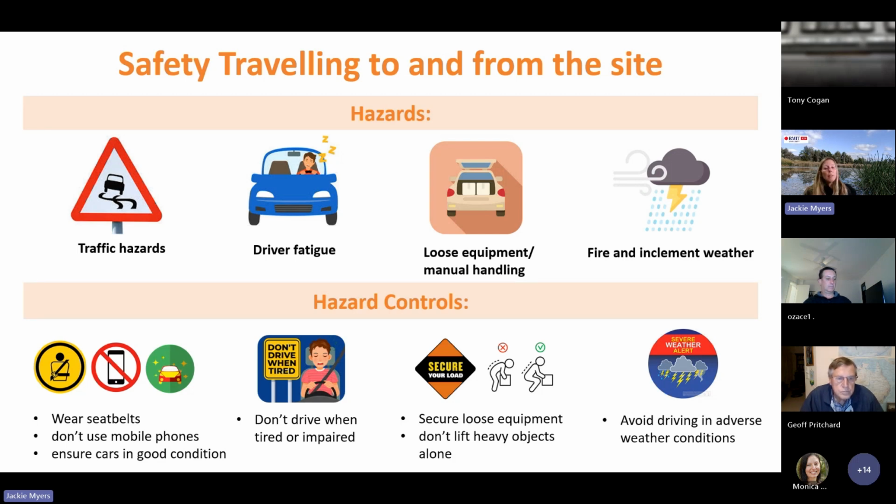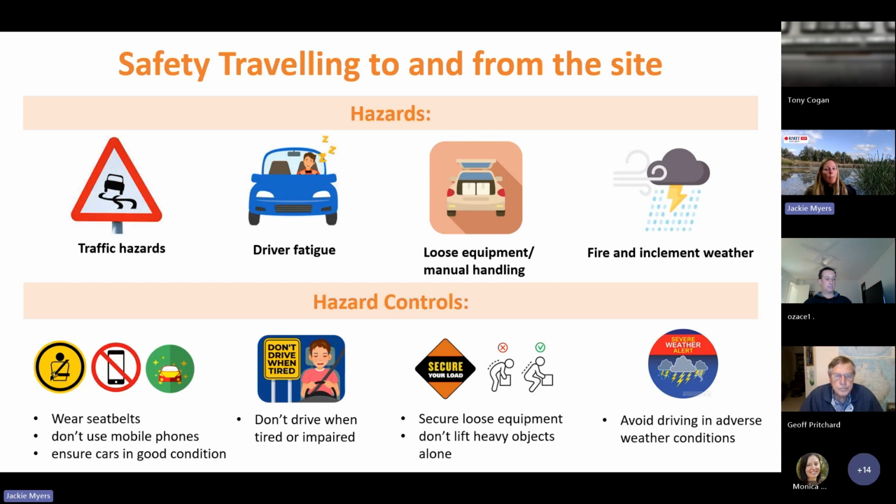Driver fatigue is another key hazard. Then there's the transportation of equipment. You will be given field kits, and these could become loose items in the car. Items like a steel pole could be heavy to lift, and that could be a manual handling issue.